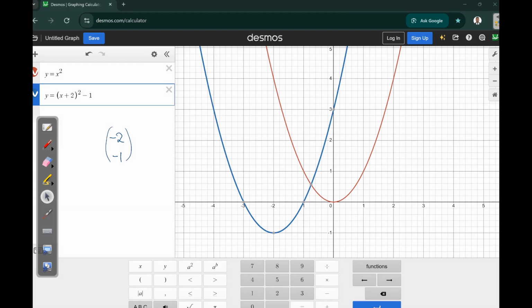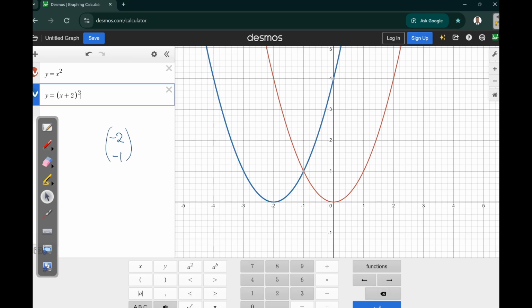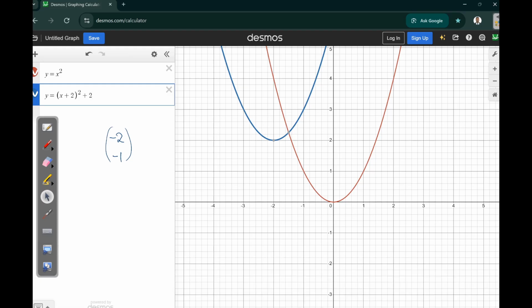Suppose I change this one here to a plus, let's say +2. Do you see that it has moved up? So we are having now -2, then +2. But if I'm taking this to where y is, it's like bringing this one this side, so it will be a minus.